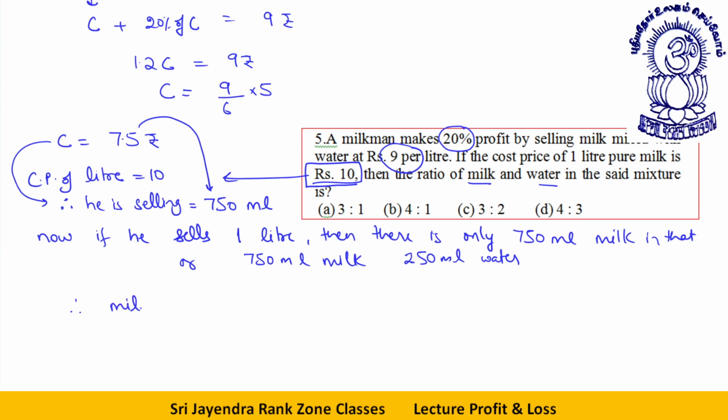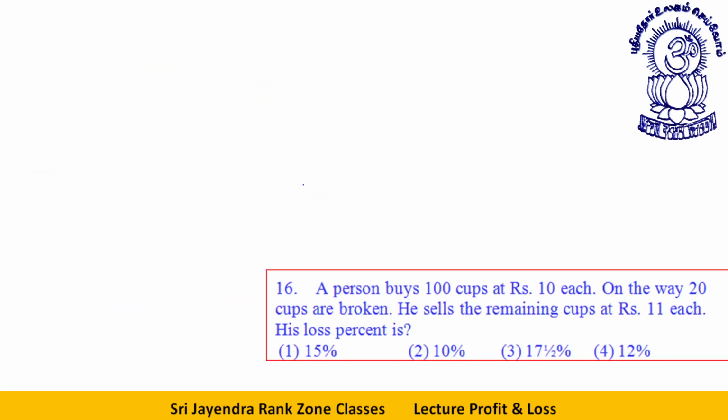Therefore, milk upon water is how much, dear students? 750 by 250, or 3 is to 1. Okay, dear students, this was a bit typical and this was genuinely a good question. Now I will move to next concepts.